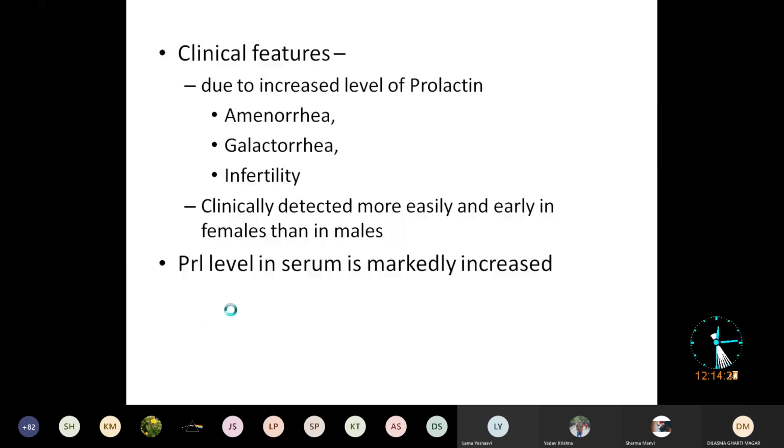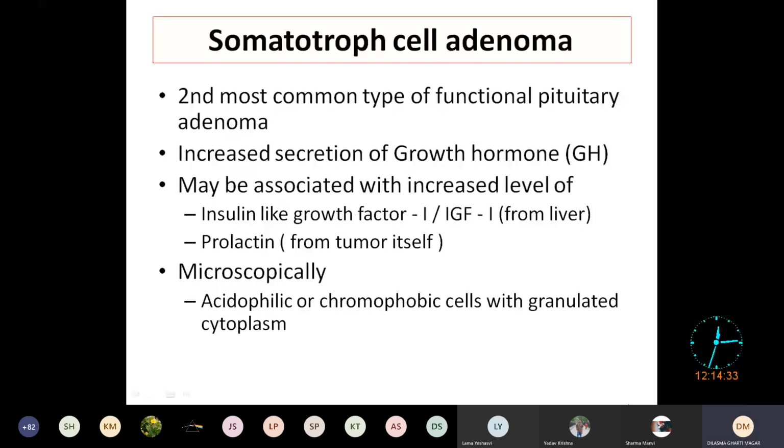Now there is also another tumor which produces the growth hormone. I told you the name also: the somatotroph cell adenoma. This somatotroph cell adenoma is the second most common type of functional pituitary adenoma. Functional means if these adenomas or tumors produce hormones, then that is known as functional.